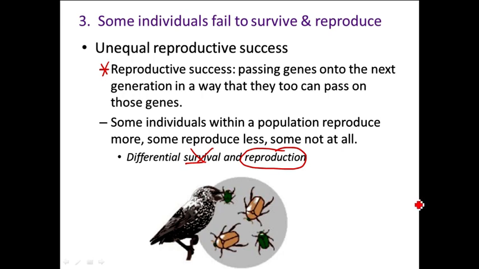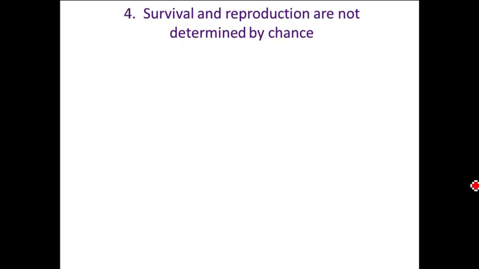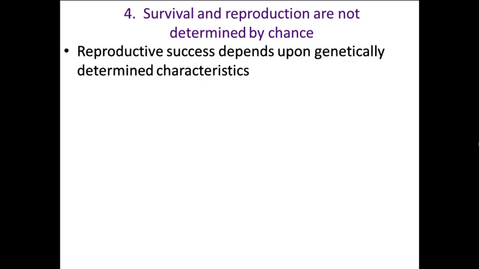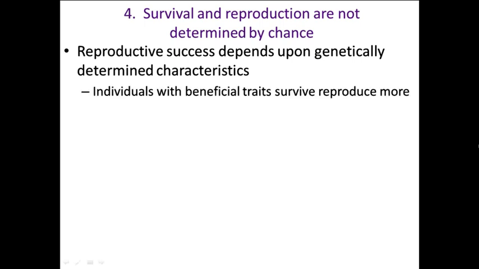So it's really all about reproduction when it comes to natural selection, because we're talking about passing the genes on to the next generation, which of course occurs during reproduction. And then finally, survival and reproduction are not determined by chance. Sometimes they are, but in many cases, reproductive success depends on genetically determined characteristics, or what alleles you have.